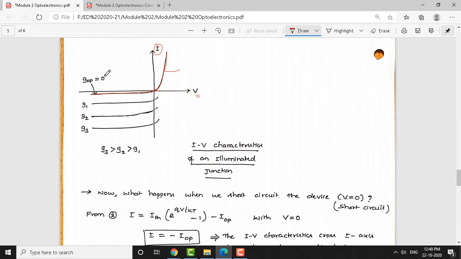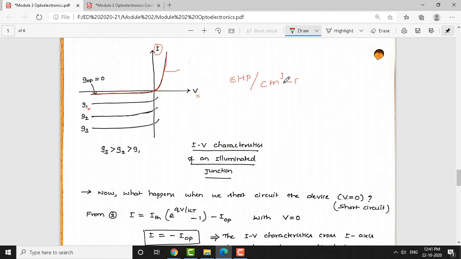Now, as you keep illuminating light, when the entire diode is made to be illuminated with a light source, as photons keep increasing, we have different generation rates. Optical generation rate, we already told, is nothing but EHP generation per cubic centimeter per second.